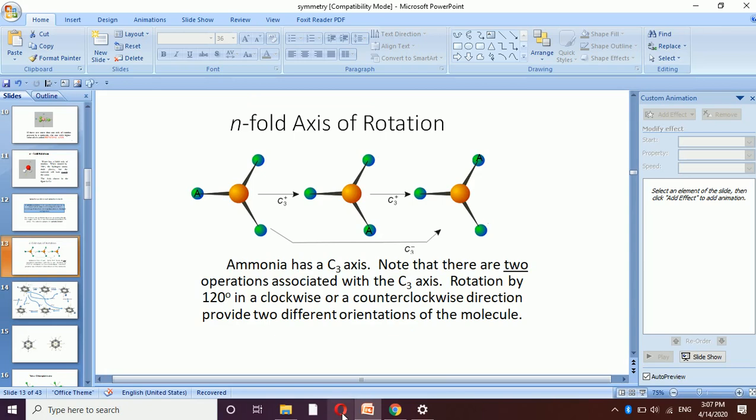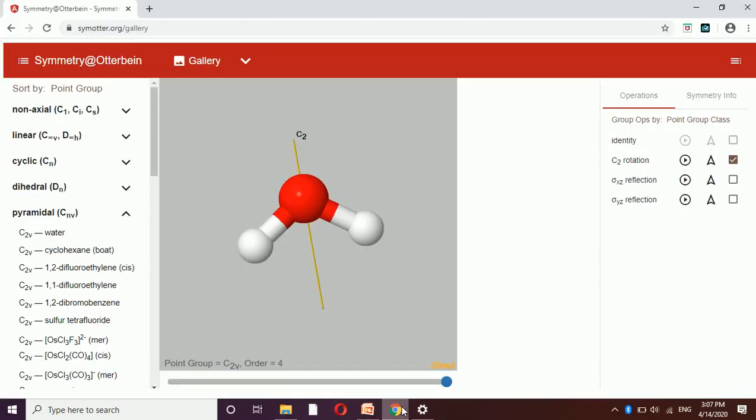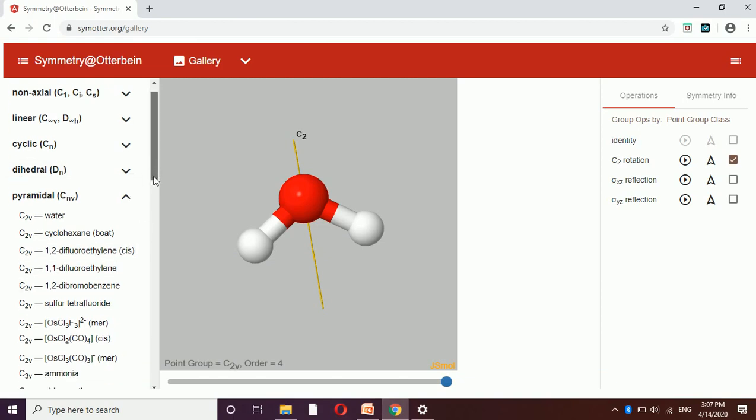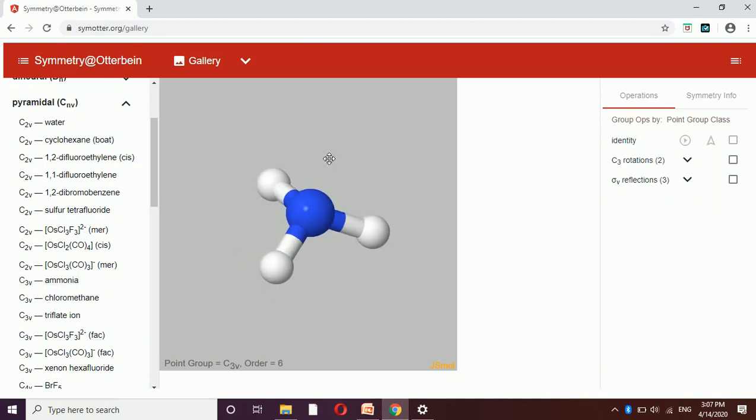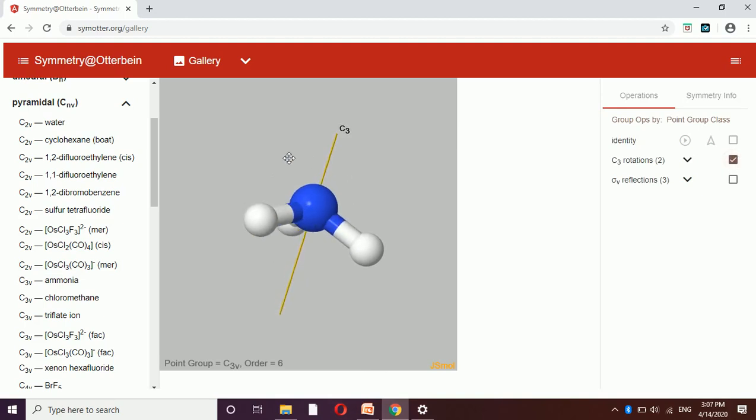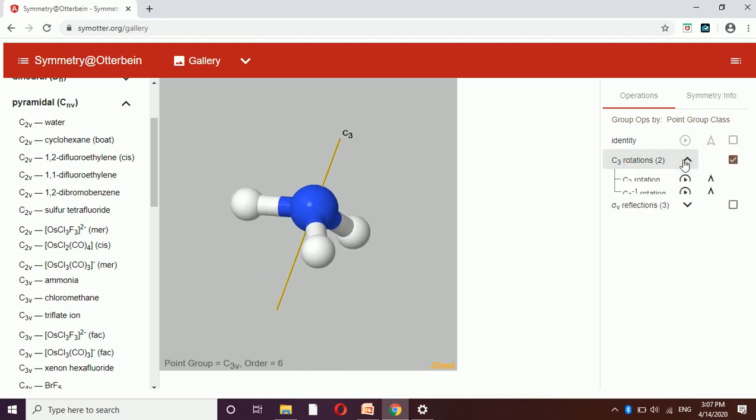Let me show you. Ammonia. We take ammonia molecule here. This is ammonia molecule. The blue one is nitrogen and 3 hydrogens are in white colored balls. This is the axis I told you, passing through the nitrogen, and you perform the rotation.